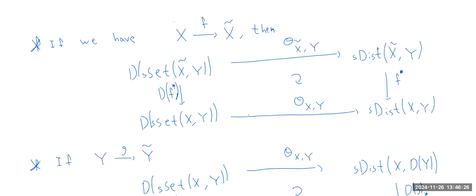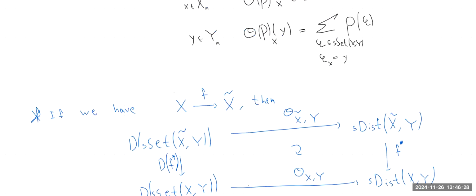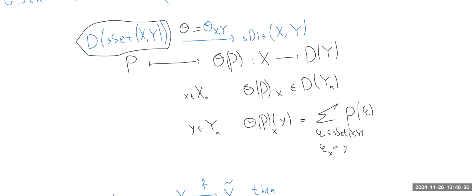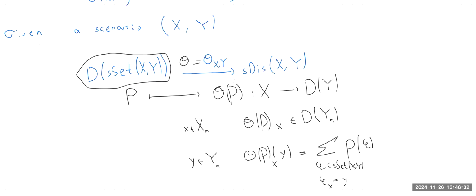Again, I want to come back to why this map is important in the theory of simplicial distributions, because we define contextuality using this. Every simplicial distribution that is in the image of this map is contextual.